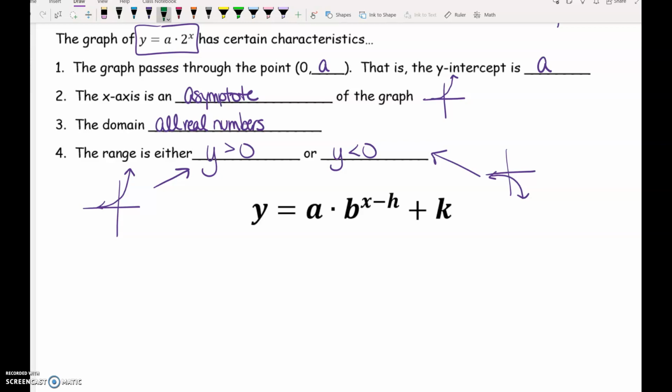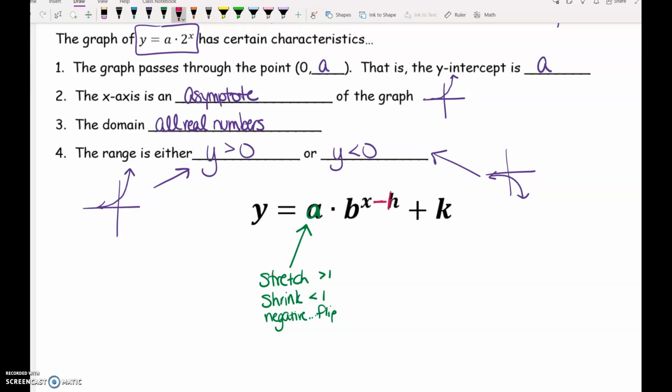So remember, the a value is going to control stretches if it's greater than 1, or a shrink if it's a fraction or a decimal less than 1. And if this is negative, it will flip the graph over the x-axis.